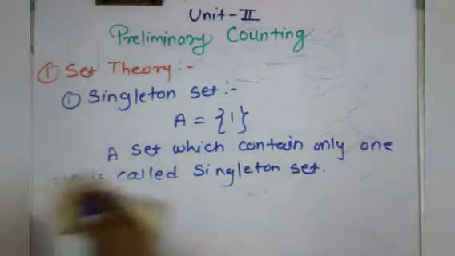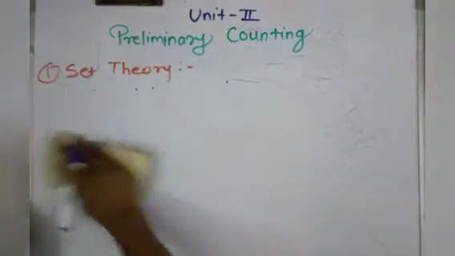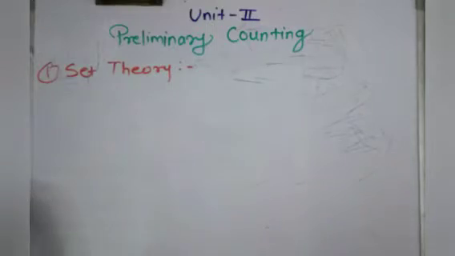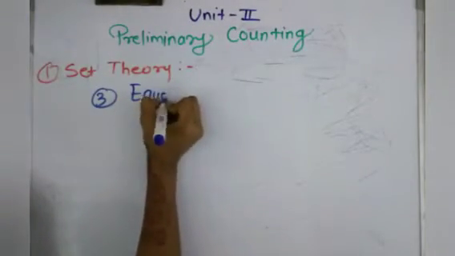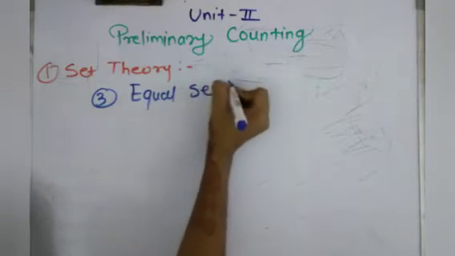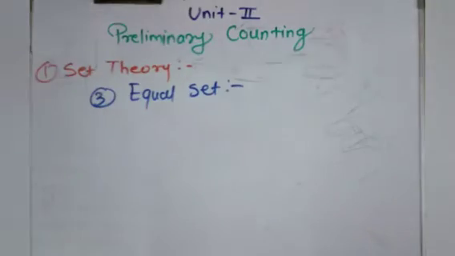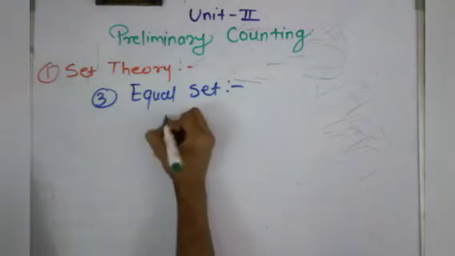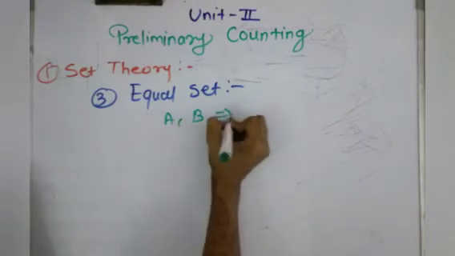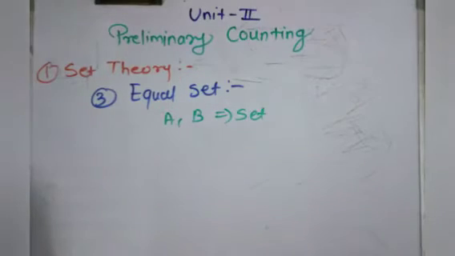Now the third one, this is only the introduction part. The third one is equal sets. If A and B are two sets, then the two sets are equal if they have the same elements.